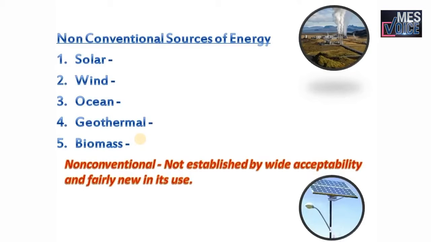And here the literal meaning of non-conventional energy is given. Non-conventional literally means something not established by wide acceptability. That is what is called non-conventional: something people have not fully or widely accepted. Okay, getting developed.